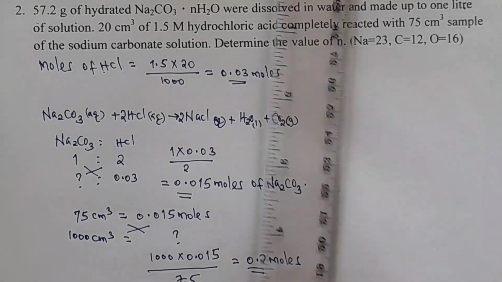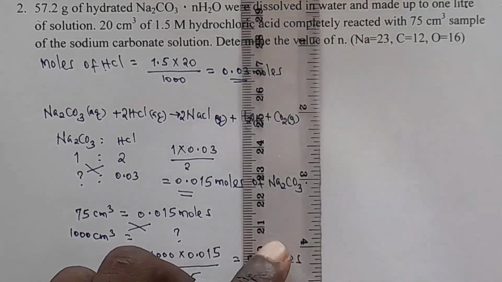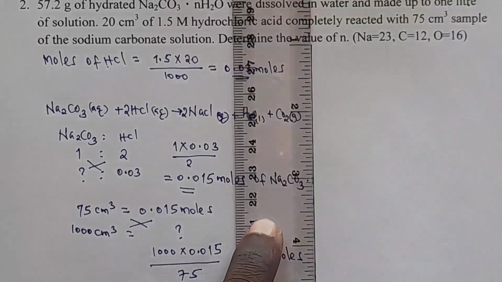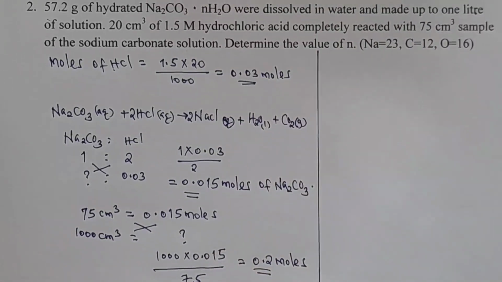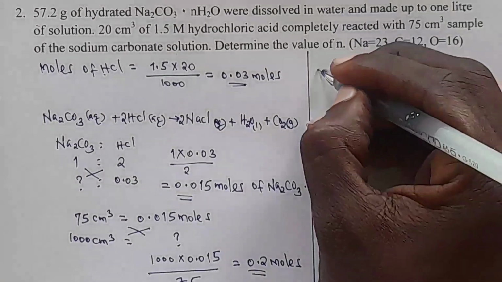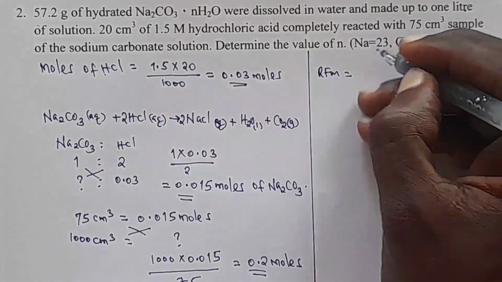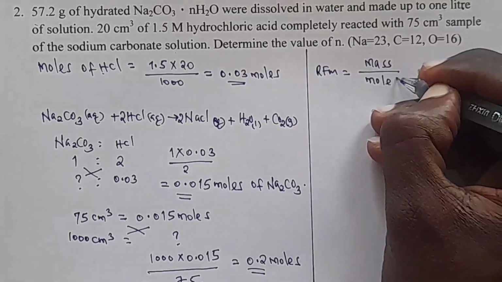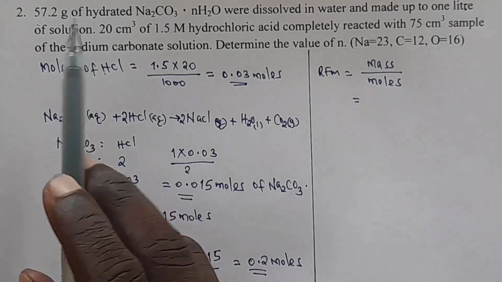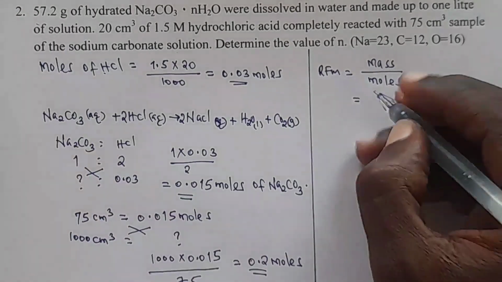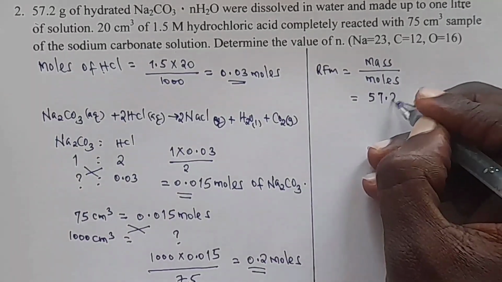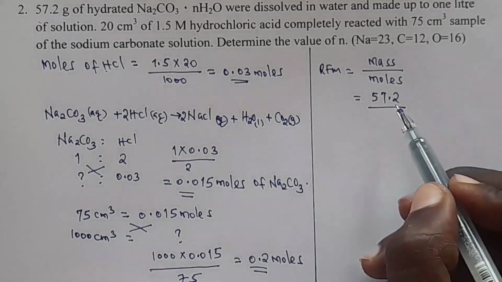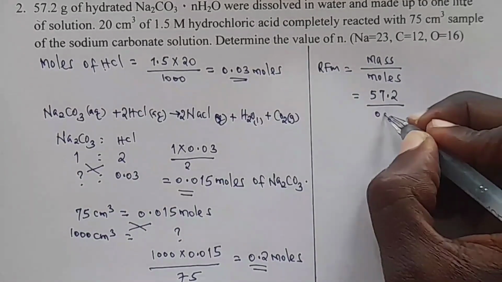So next step, we have to look for the RFM of the hydrated sodium carbonate. So how do you get RFM? RFM will be equal to mass divided by number of moles. So in our case, the mass of hydrated sodium carbonate is 57.2, divided by our moles, which is 0.2.